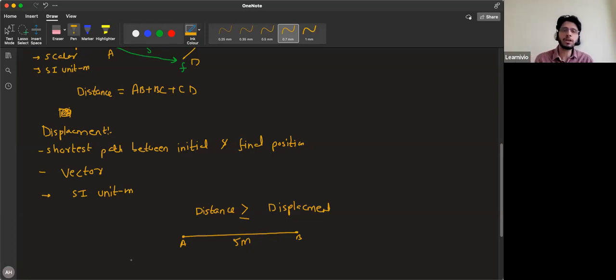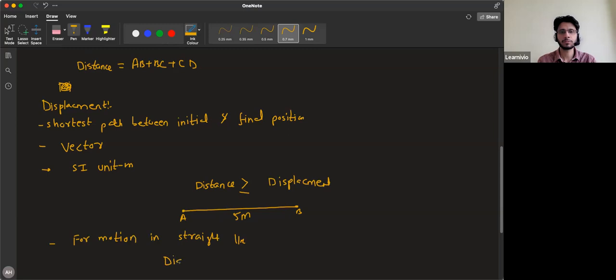So for motion in a straight line, distance and displacement are equal. Otherwise, distance is always greater than displacement.